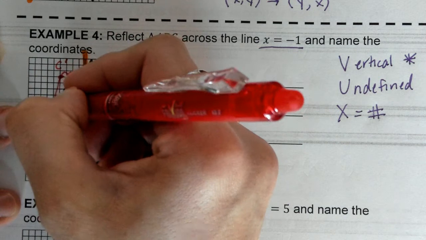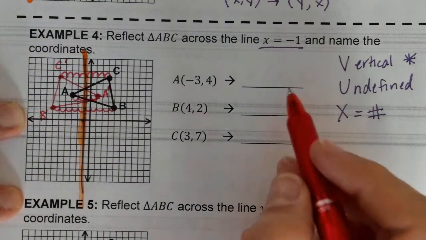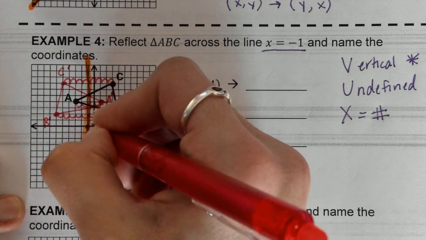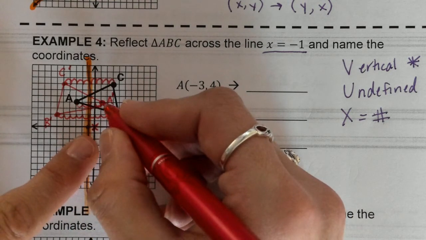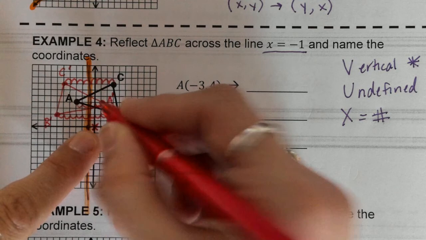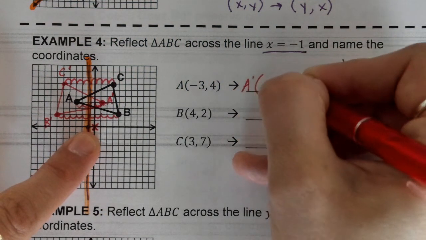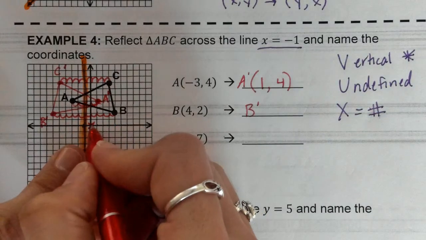Now what you need to be careful of, going to connect these. When you find the coordinates over here, you need to make sure that you are starting back at the origin. Don't get confused with this line. Start back at the origin. A prime is at positive 1, positive 4. B prime, start back at the origin. B prime's over here.